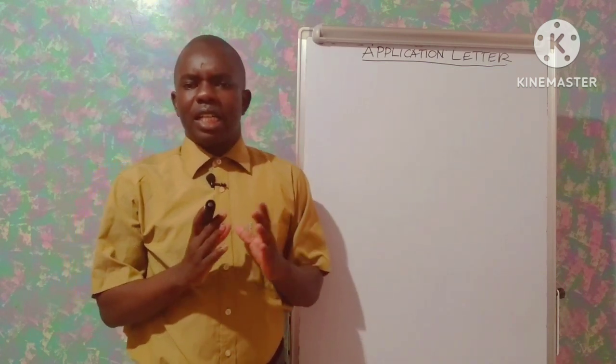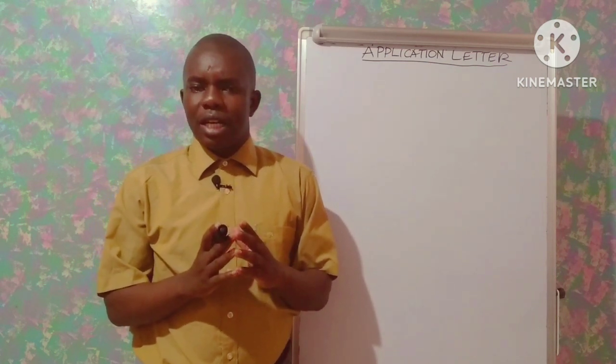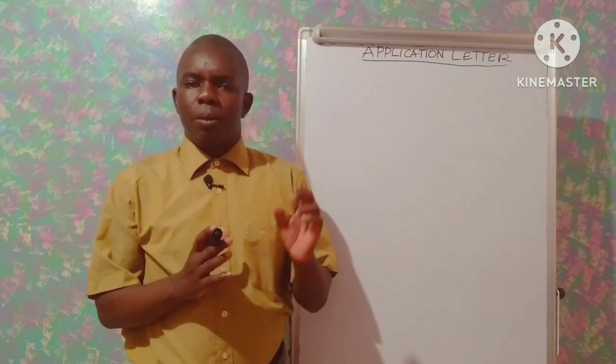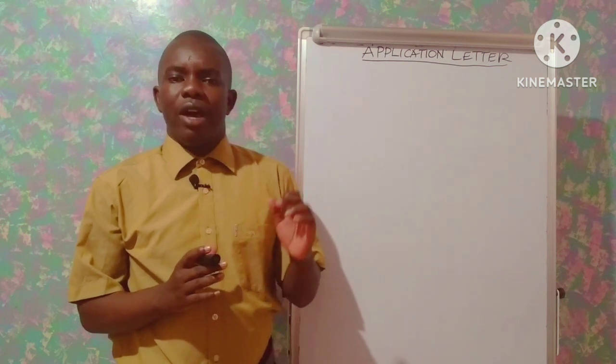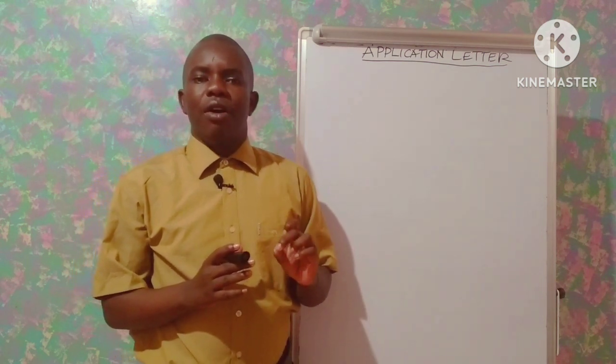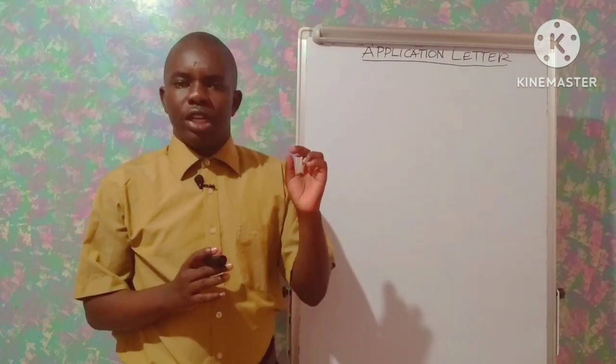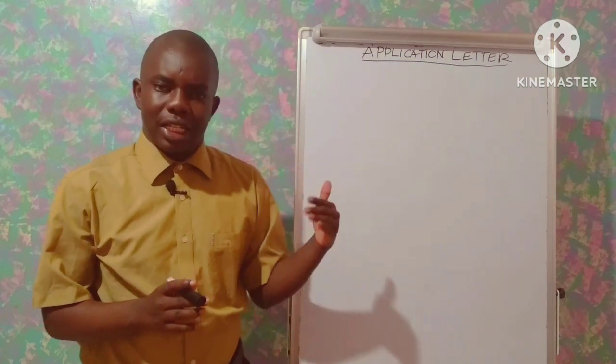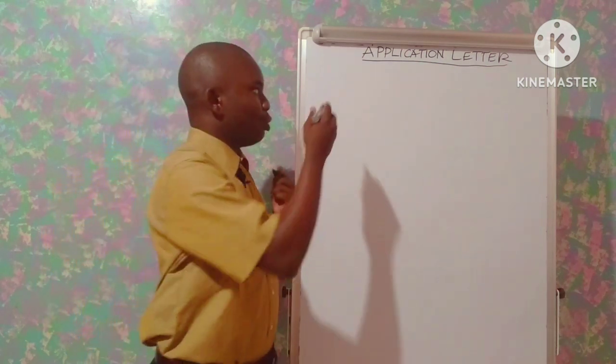When writing the applicant's address, remember to begin with the box number. Then after that, we are going to have the town and then the date. An example like what we have here.